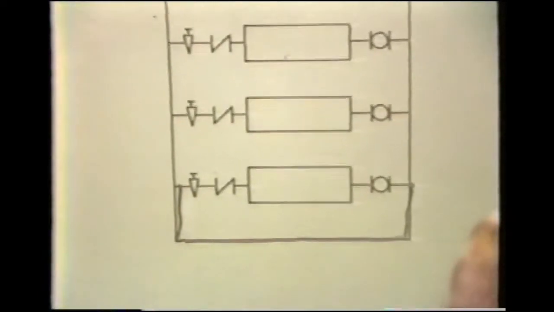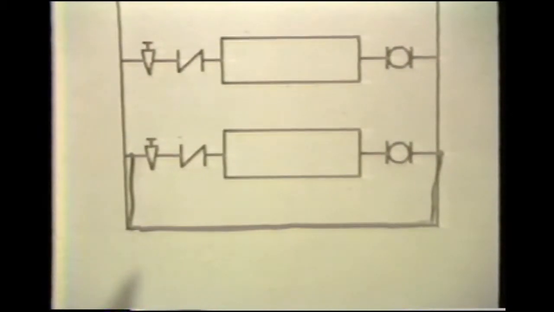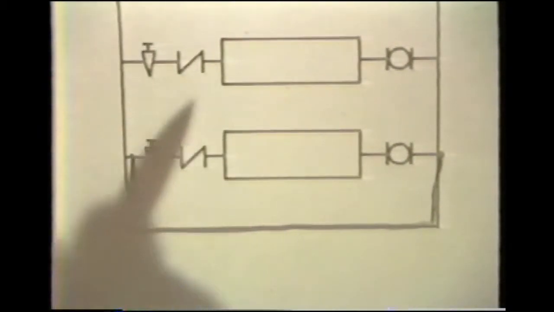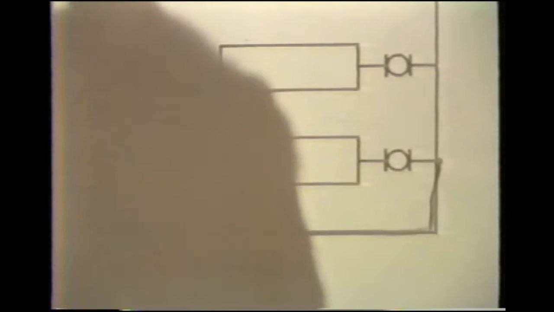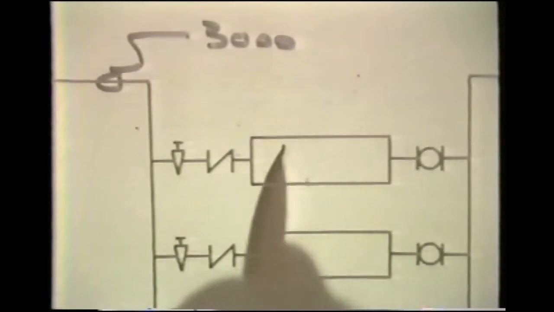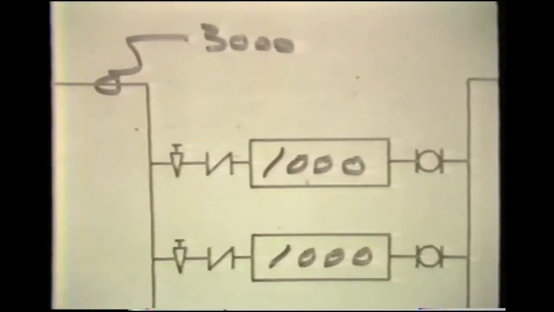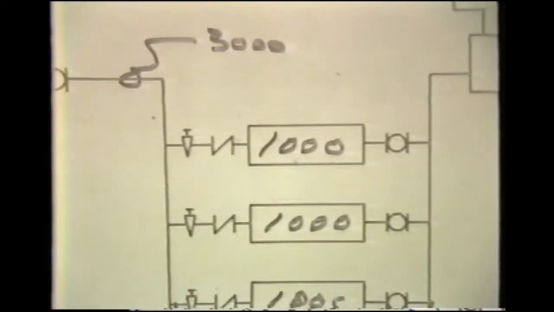Bill, of course, went through an analysis of this. And let's see what happens with this type of arrangement. Again, let's say that we have 3,000 GPM as the basic system flow, and we have 1,000 GPM for each of the chillers.